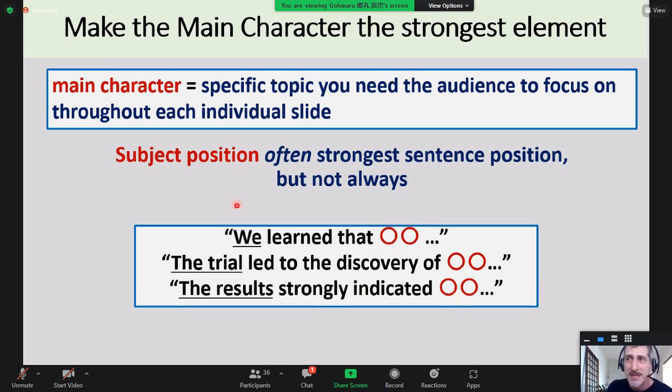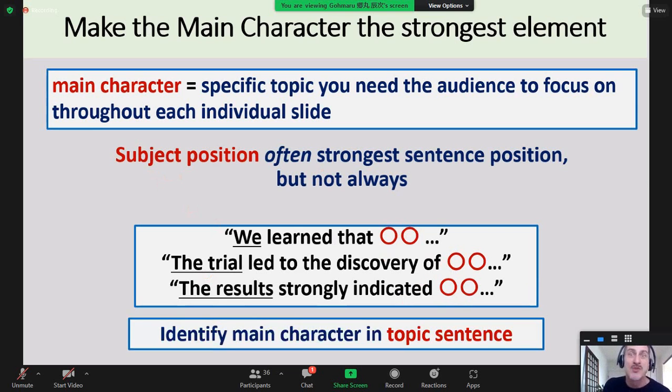And the subject, we, the trial, the results, obviously these are not the important information in these sentences. So subject position is often the strongest, but not always. Okay, so we want to put the main character in places like this that are strongly emphasized naturally.